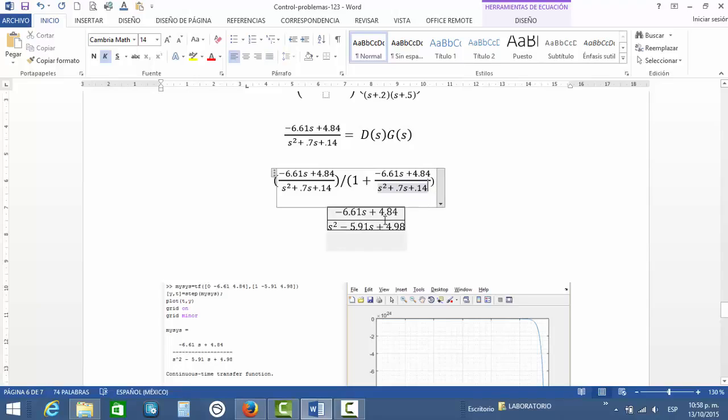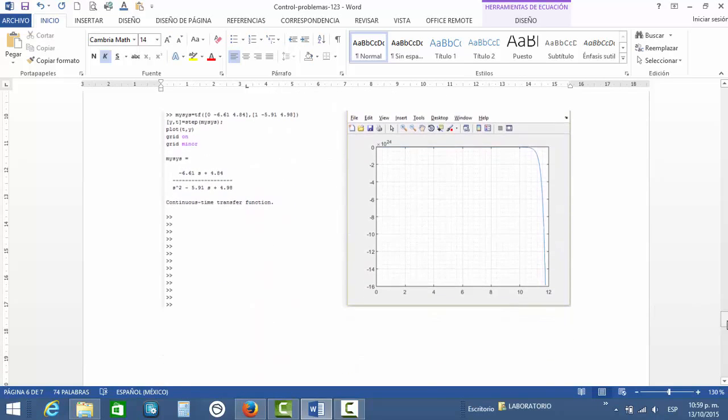And then with algebra, we obtain the transfer function, that is minus 6.61s plus 4 between s squared minus 5.91s plus 4.98. And this is the simulation, and this is the graph in MATLAB.